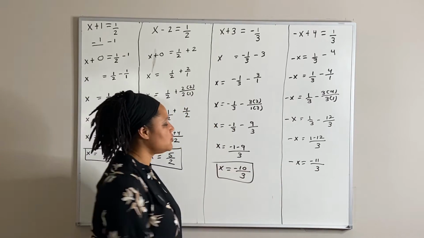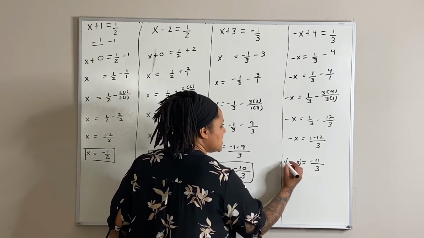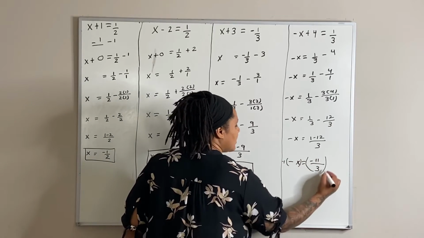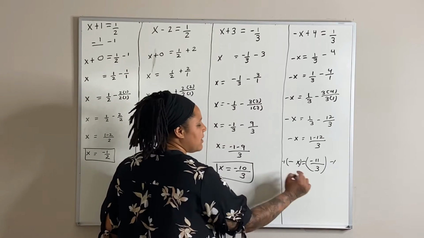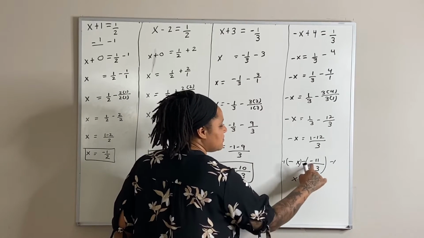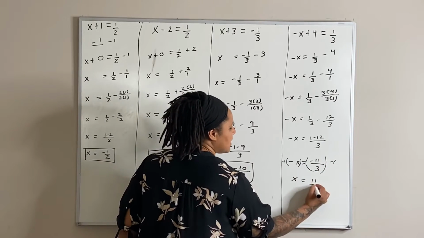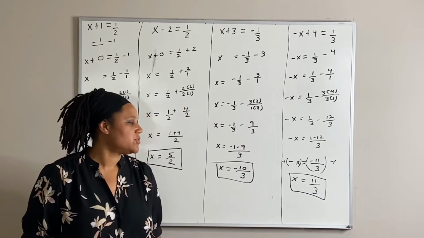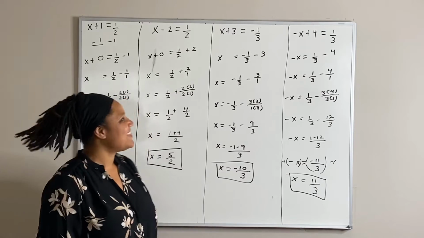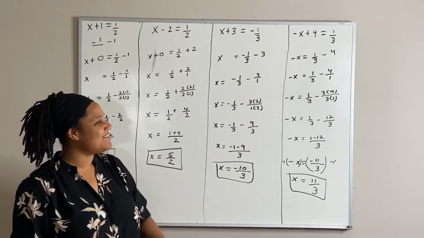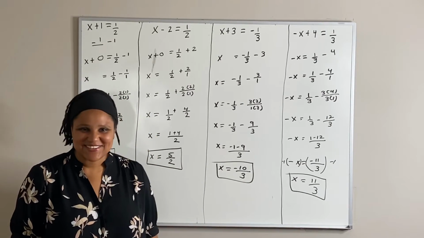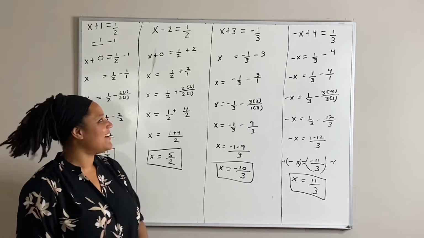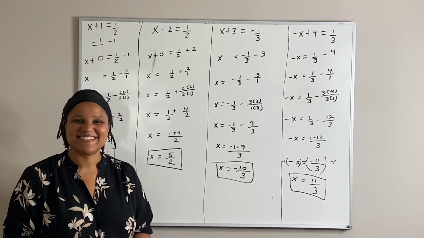So I'm going to multiply both sides by -1, okay? So a negative times a negative becomes a positive. So we are left with x equals 11/3. There you go with that set of examples, and stay tuned for our next set of examples.